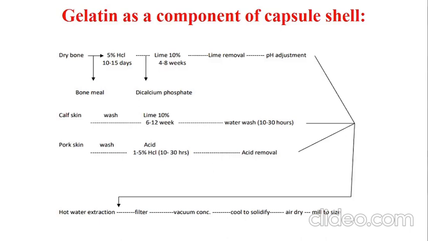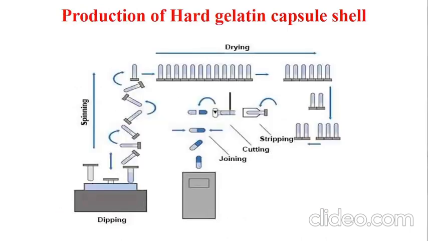Now in the next slide we will discuss the method of preparation of the capsule shell. The production of hard gelatin capsule shell is done in several steps. Initially we prepare the dipping solution.